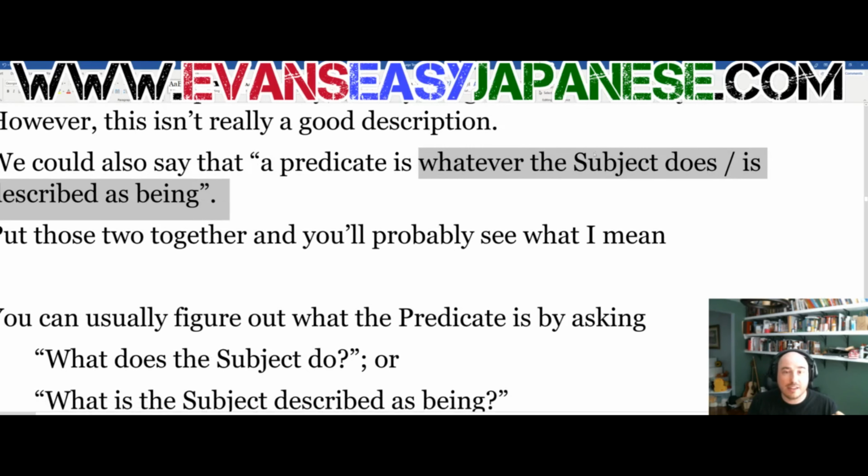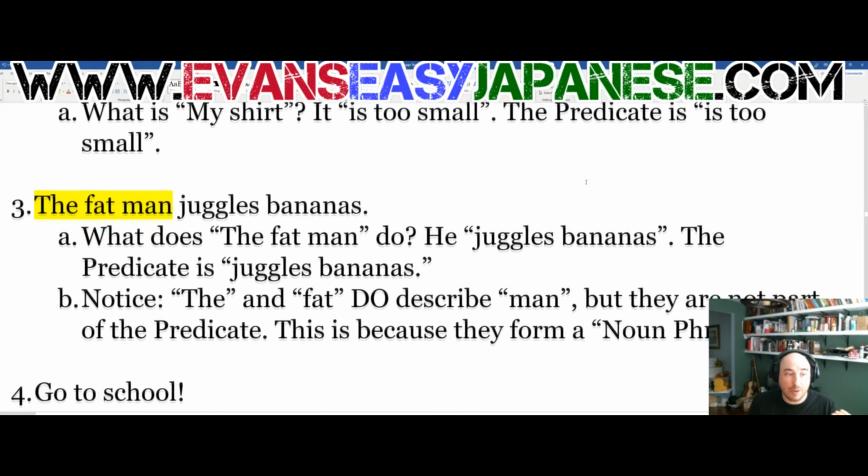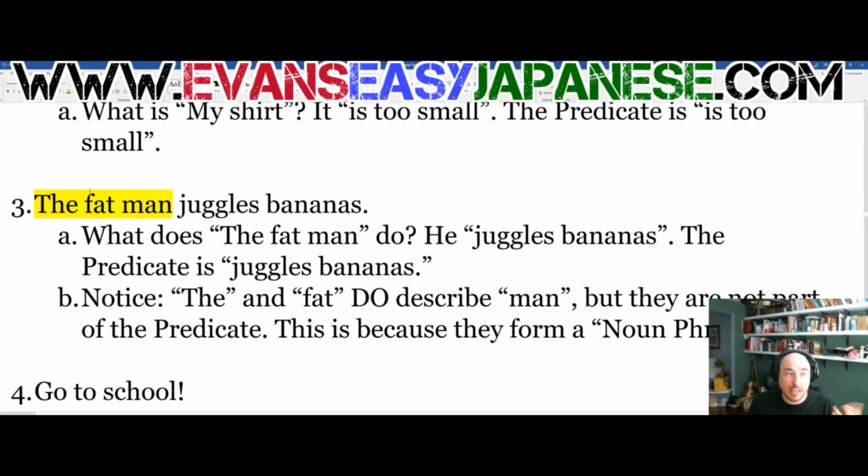So when we say that anything that describes the subject is the predicate, that gets us into hot water because the word the and the word fat are not part of the predicate. They're part of the subject, because to find the subject, we generally ask what juggles bananas? And then the answer is the fat man juggles bananas, and the fat man is all together.